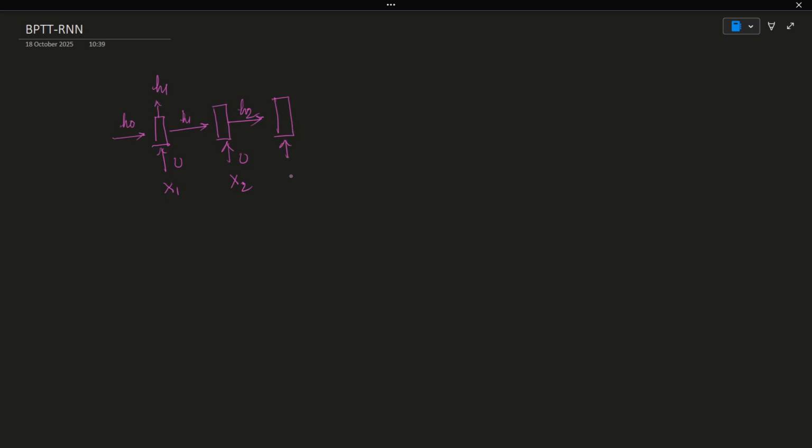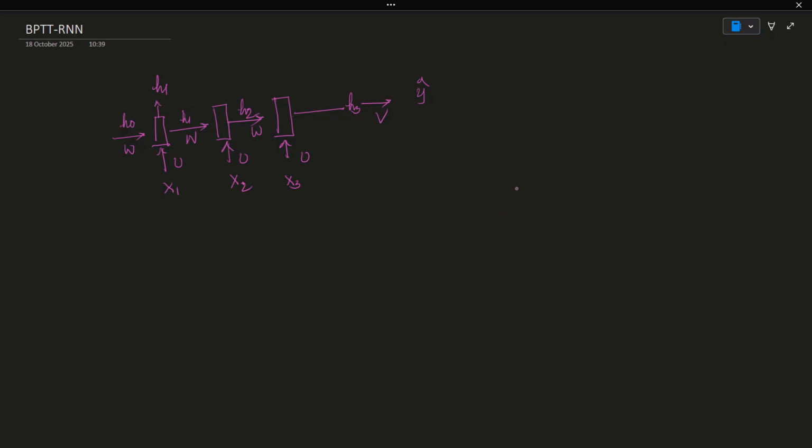Same again, x3 with weight matrix U, and this comes with another weight W, and here comes h3, and from h3 we'll be calculating y cap with weight V.